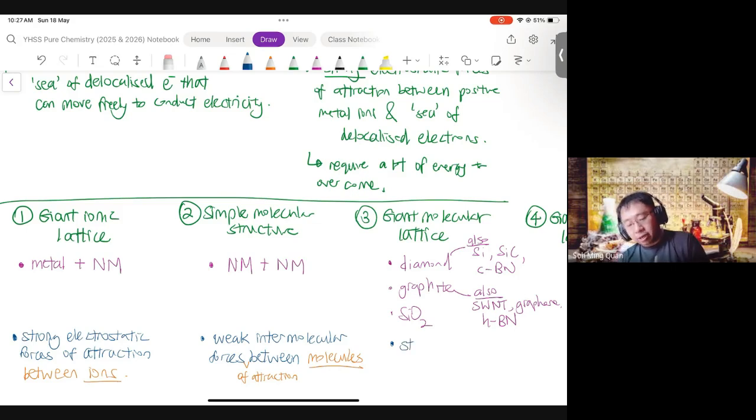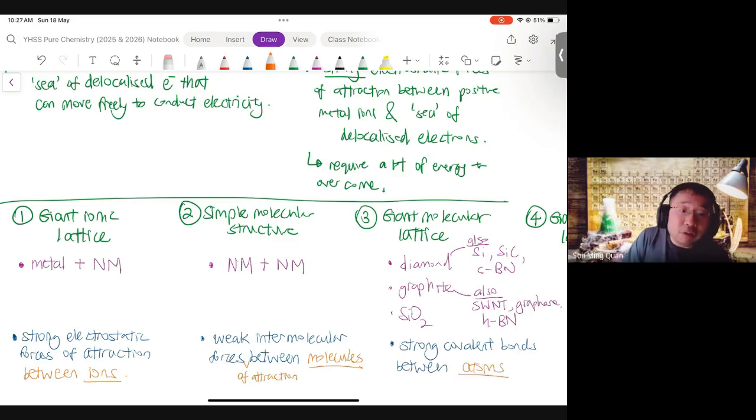Giant molecular, you are looking at strong covalent bonds between atoms. So when melting diamond, graphite, SiO2, when melting giant molecular lattices, you are overcoming the strong covalent bonds between the atoms, be it carbon atoms or silicon and oxygen atoms. All right.